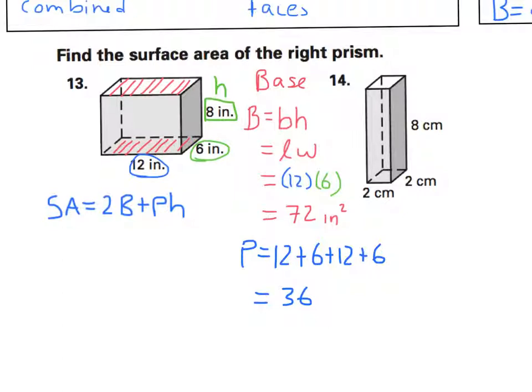So here's what we're now going to do. I'm going to substitute in the 72 for capital B, the 36 for capital P, and the H is 8 right there.